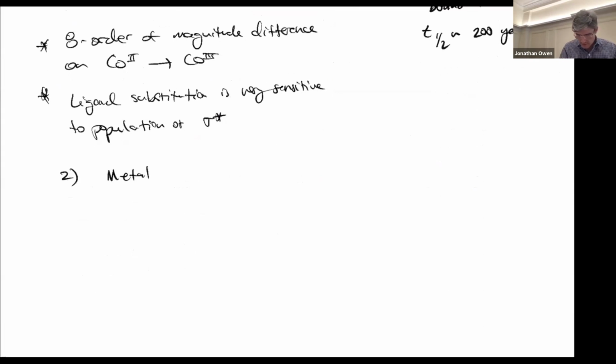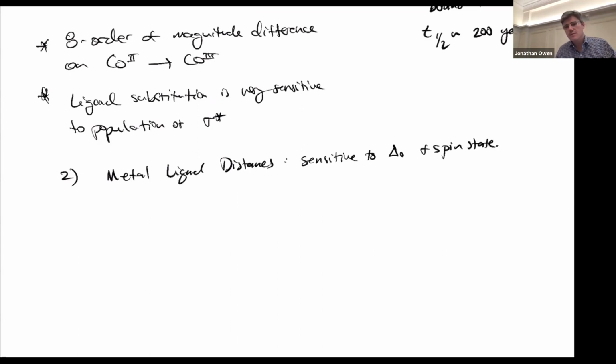So let's take a look at metal ligand distances for a second. Metal ligand distances are sensitive to delta O and the spin state. You can imagine that when you have a high spin case and you have electrons in the antibonding level, you weaken those bonds and they become longer.